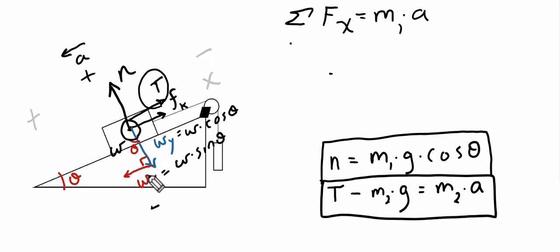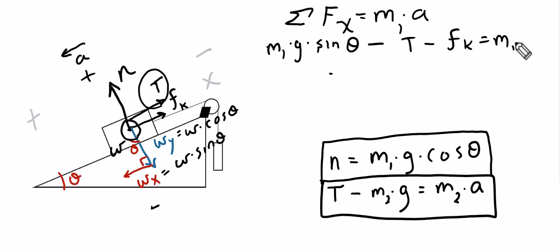And we have this x component of the weight going to the right, which will be positive. So I'm going to just write this officially as m1 times g times sine theta, because that's positive, minus the tension minus the friction is equal to m1 times a.